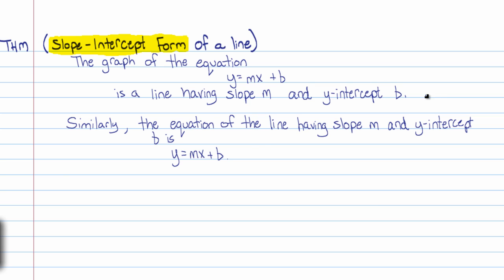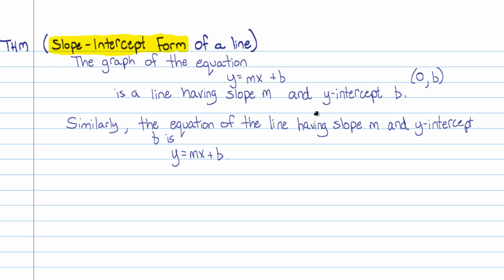And remember, I said I don't mind it when it's written in that form. Maybe your instructor would like it like this. I have no idea. So when you're given an equation of this form, when you graph it, it will be a line having slope m and y-intercept at b. Along the same lines, if somebody gives you a graph and it's a line, if you can calculate the slope of that line and find the y-intercept of that line, and those are m and b, then you happen to know the equation.